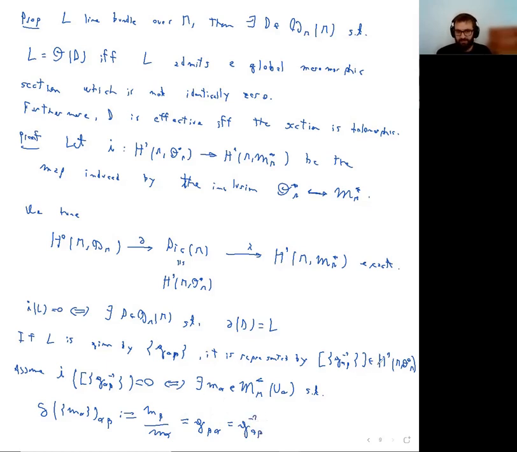So we're asking that something is zero in cohomology, which means that you're in the image of this delta map. And the delta map of some meromorphic section here is simply M beta divided by M alpha. And we want this to be equal to this G alpha beta inverse, which is nothing but G beta alpha.